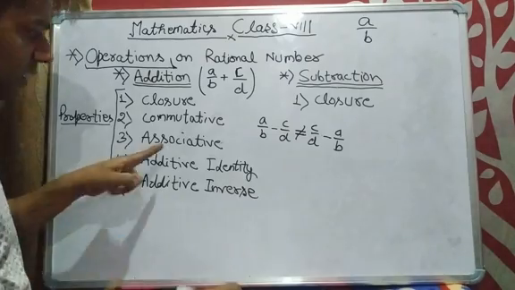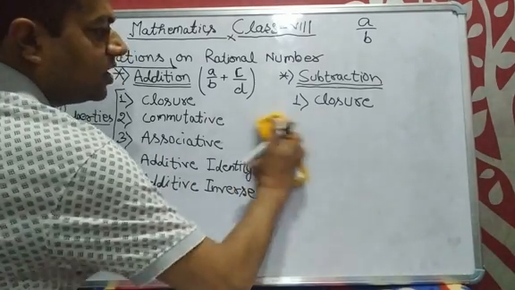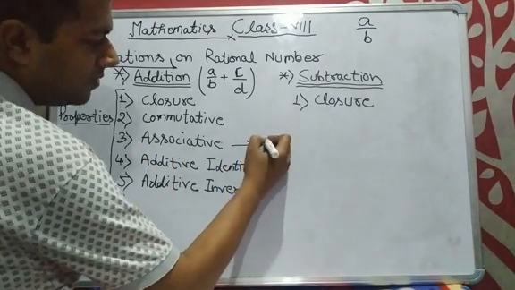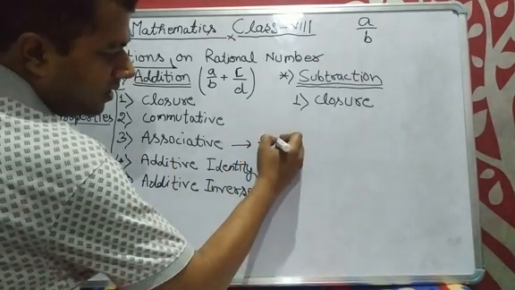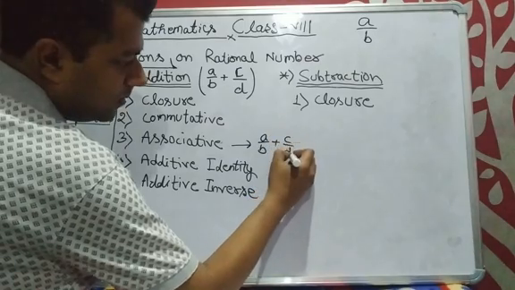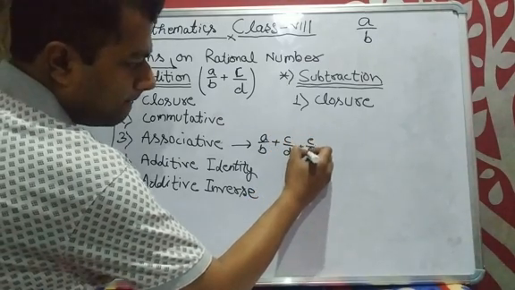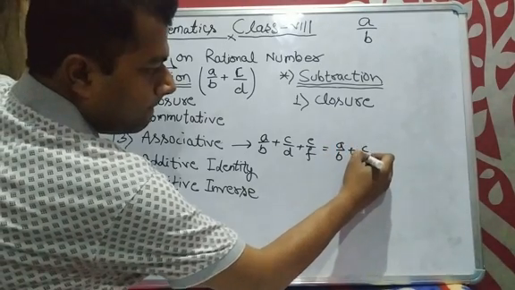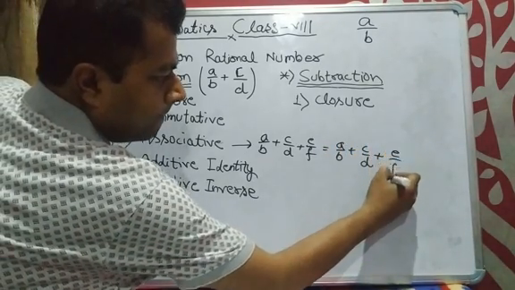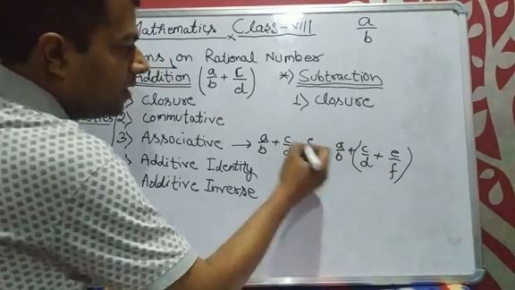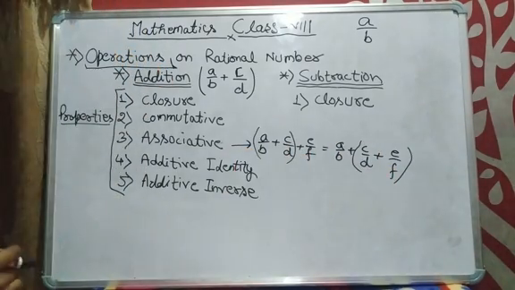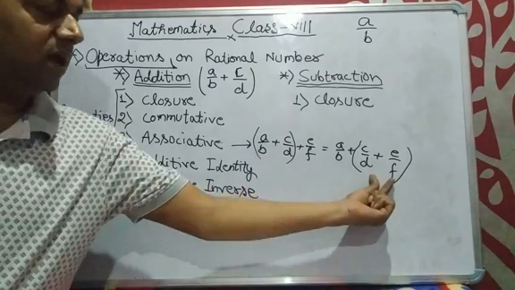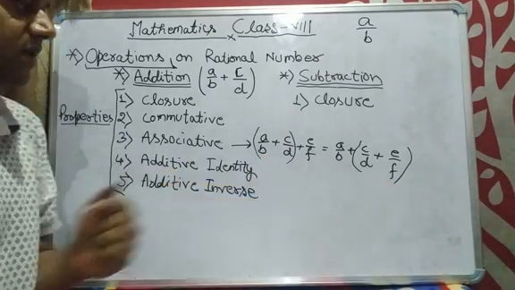In the same way, subtraction is also not associative. What was the associative property? I am writing it again. We add any two first, then the third one; or we add the second and third first, then the first one.